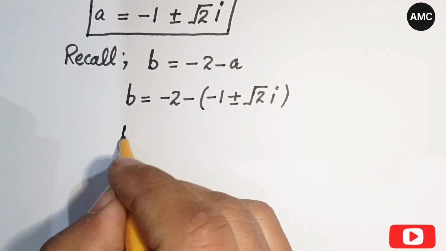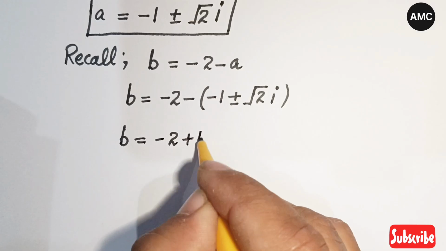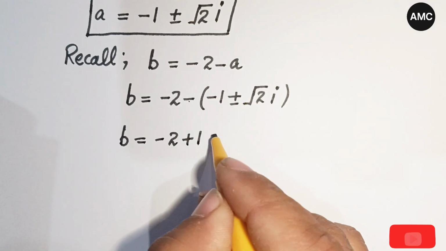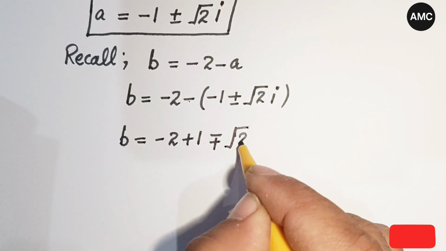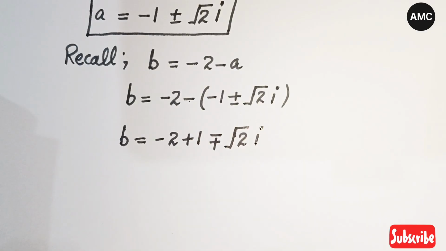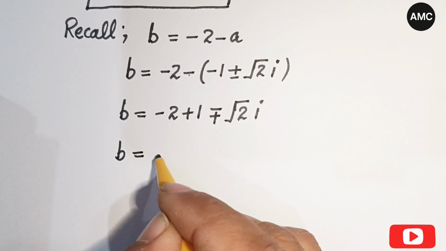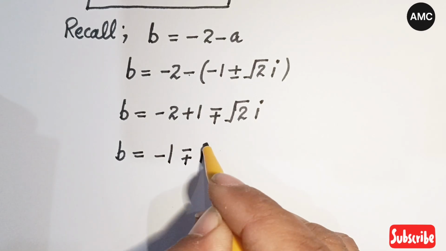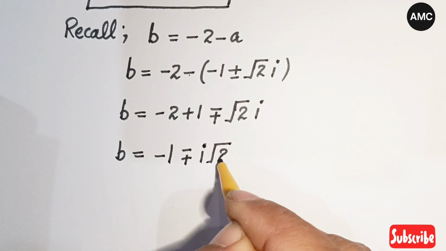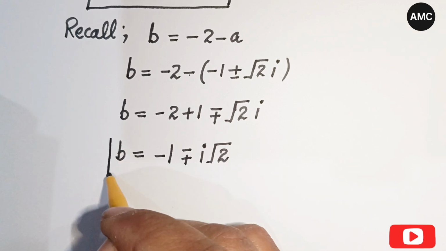Here we have b is equal to minus 2, minus times minus is plus 1, and minus times plus is minus, minus times minus is plus, square root of 2i. Now b is equal to minus 2 plus 1 is minus 1, minus plus, here we just write i, times square root of 2. So it is the value of b.